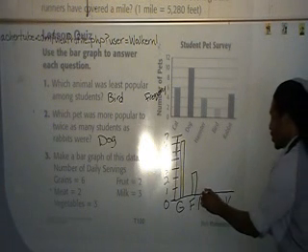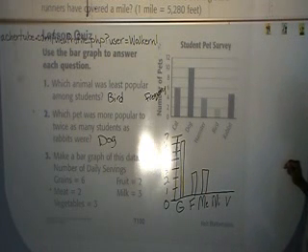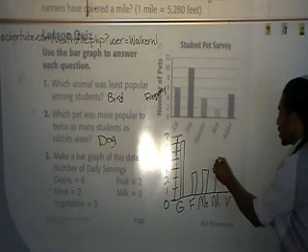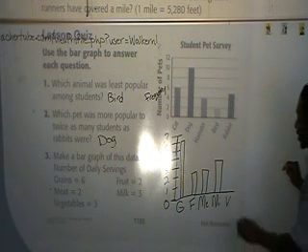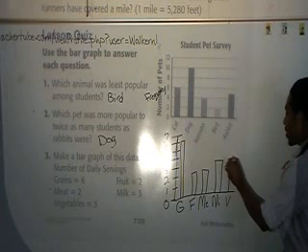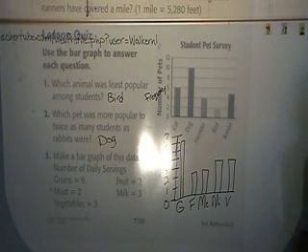Meat, 2. Milk, 3. And vegetables, 3. And we have our bar graph.